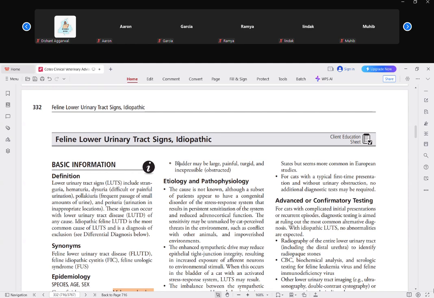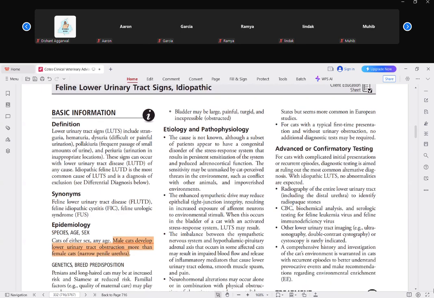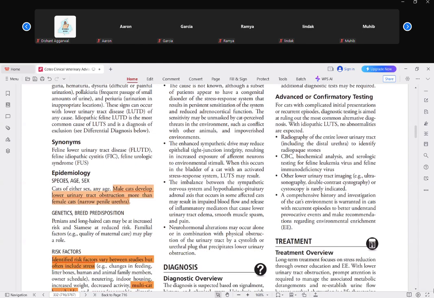But just remember how you differentiate bladder rupture from non-obstructive FLUTD, because in case of bladder rupture, you actually have a lot of systemic effects, okay, like fever, vomiting, diarrhea. But that doesn't happen in case of non-obstructive FLUTD. The cause is actually unknown for FLUTD, okay. It can occur due to stress and environmental factors, okay.